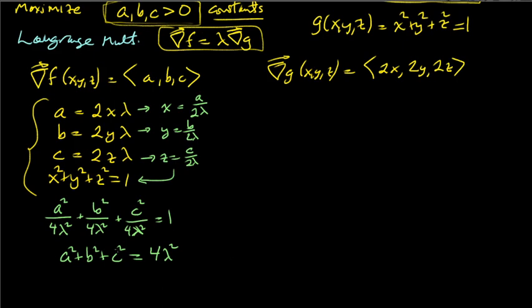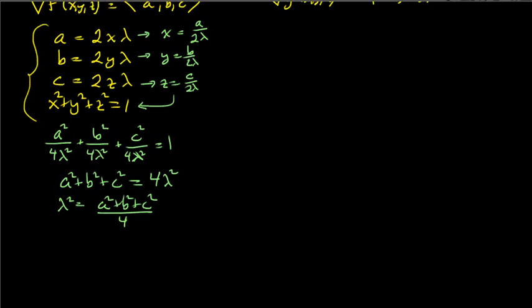Oh, actually, we wanted lambda, right? So lambda squared is just a squared plus b squared plus c squared divided by 4. And if you take the square root, you'll get plus or minus the square root of a squared plus b squared plus c squared all over 2.